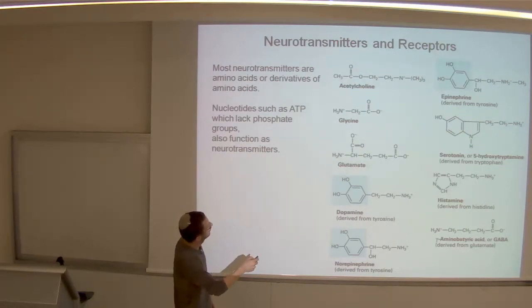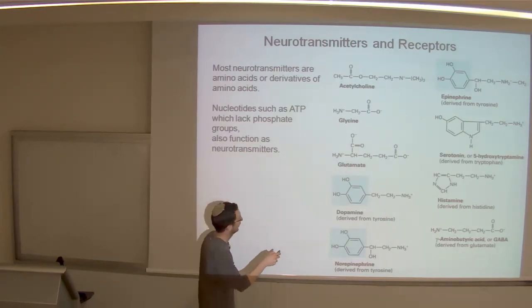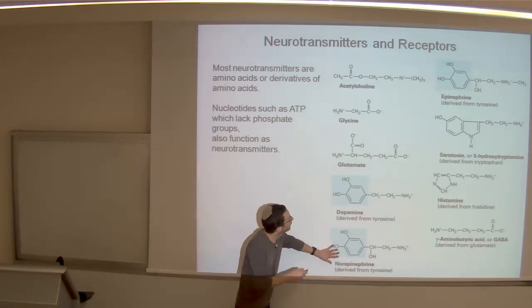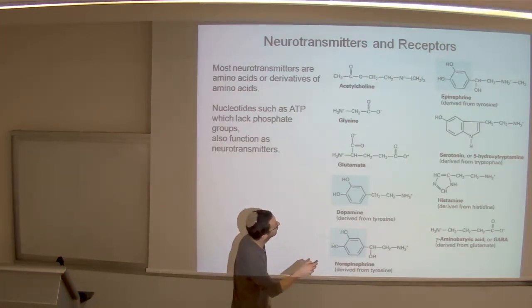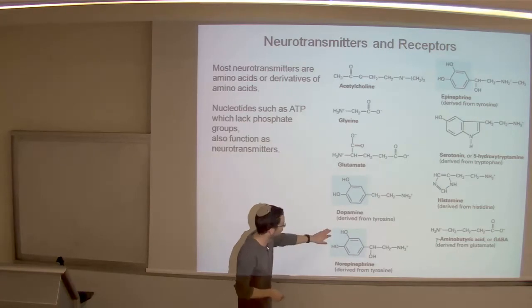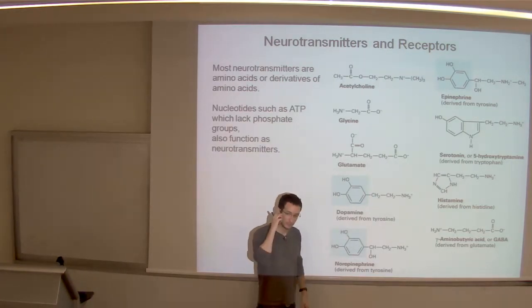Okay, let's see some, or all, of the examples I've brought here. Glycine, just the amino acid itself, can function as a neurotransmitter. The same thing for glutamate. Dopamine, norepinephrine, and epinephrine are three different derivatives of the amino acid tyrosine.